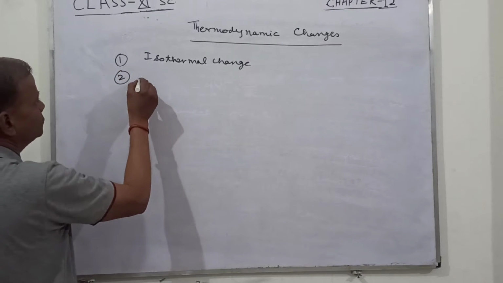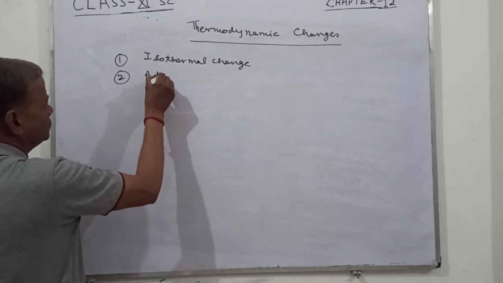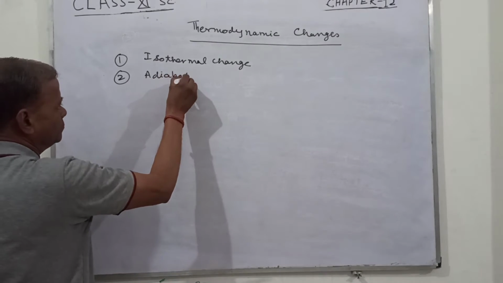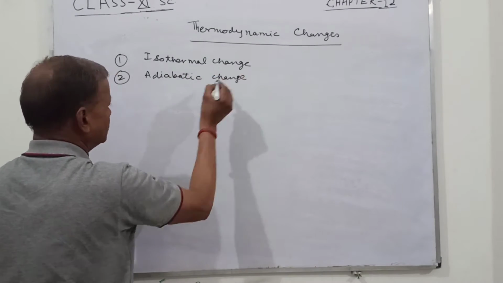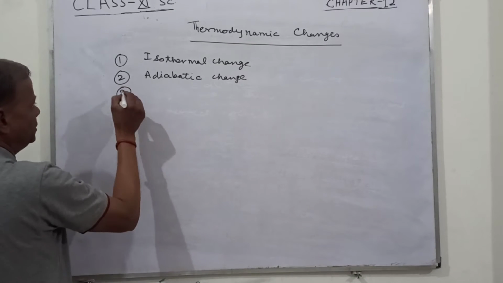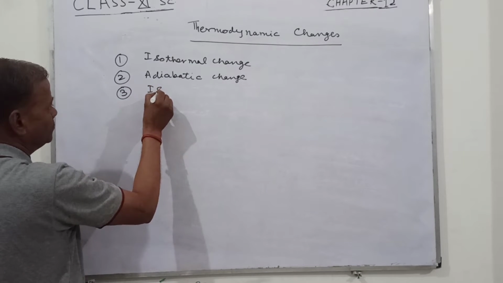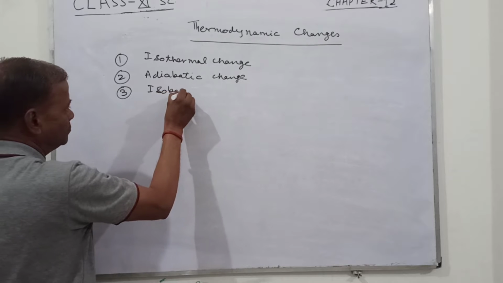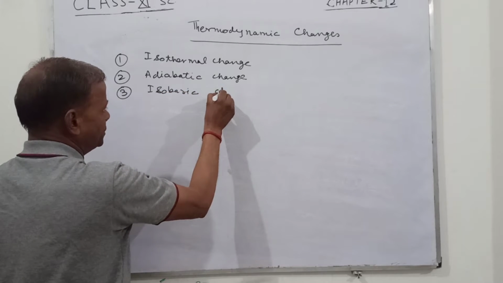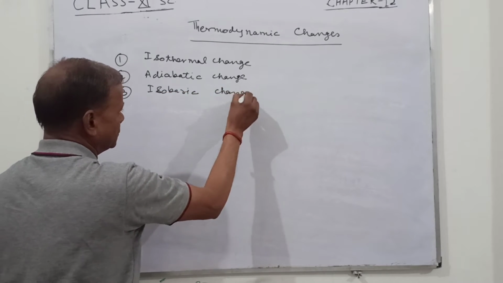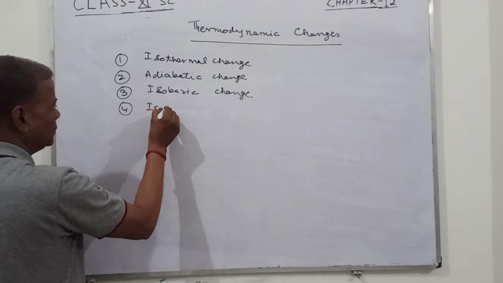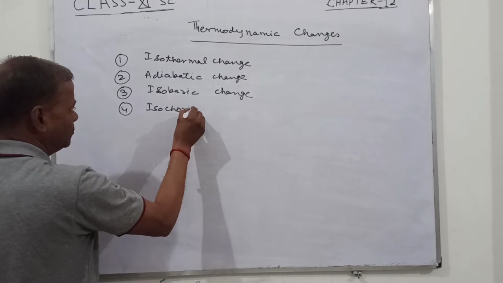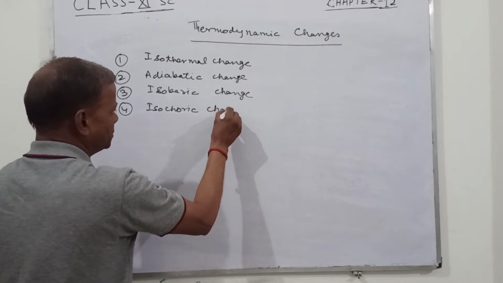Number two, adiabatic change. Number three, isobaric change. Number four, isochoric change.